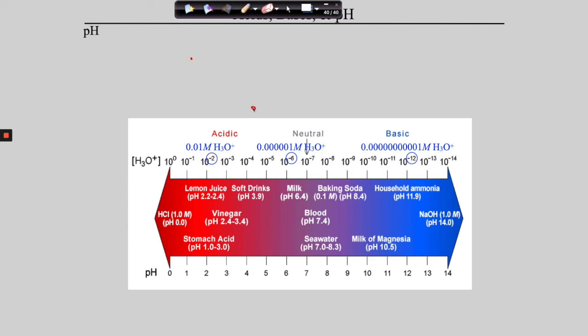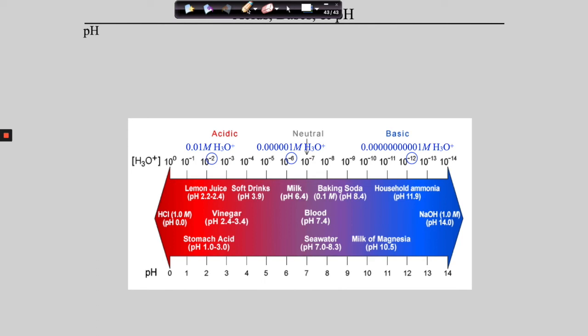This is the molarity of hydronium ion in water. It's pH 7, so its hydronium ion concentration is 10 to the negative 7th. Anything smaller than that has less hydronium ion than water, and so we call it a base instead of an acid.